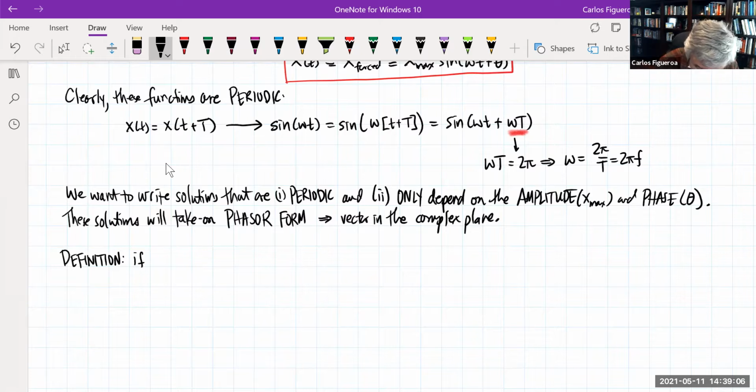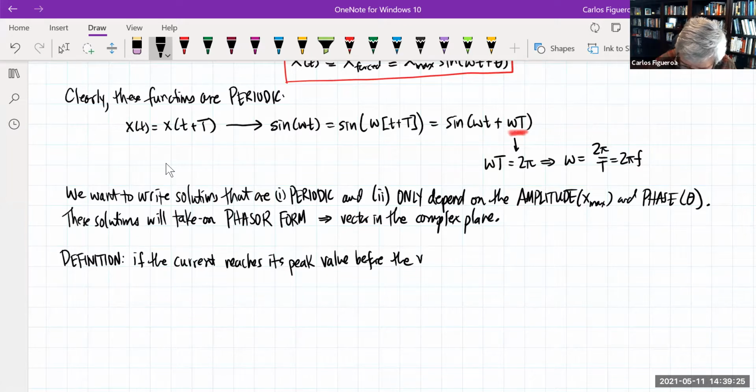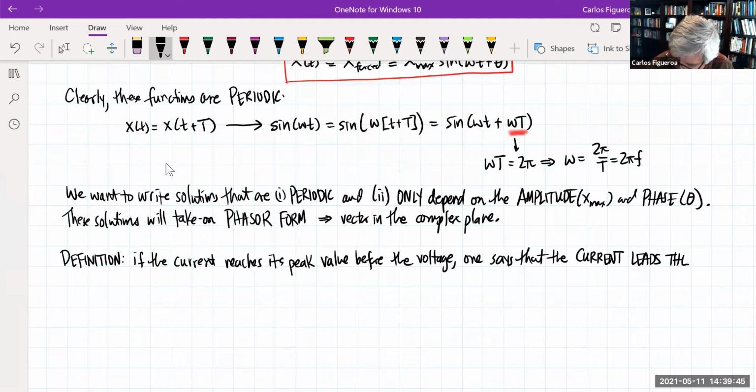If the current reaches its peak value before the voltage, one says that the current leads the voltage.